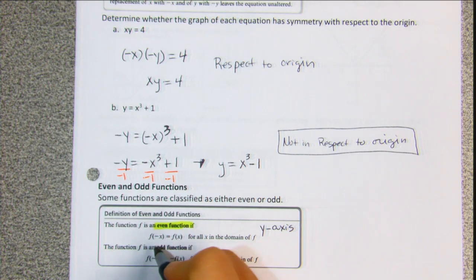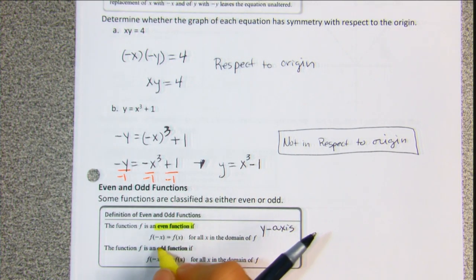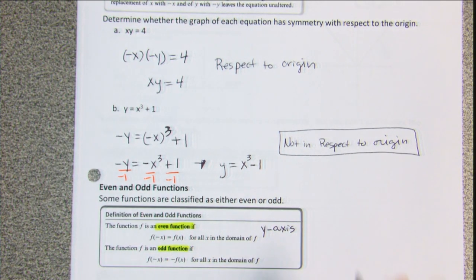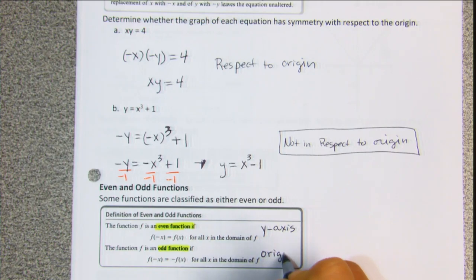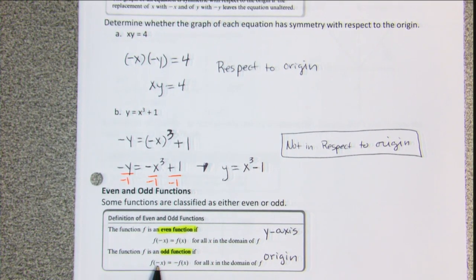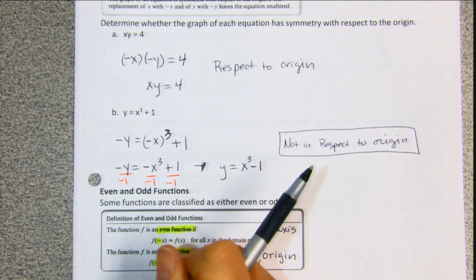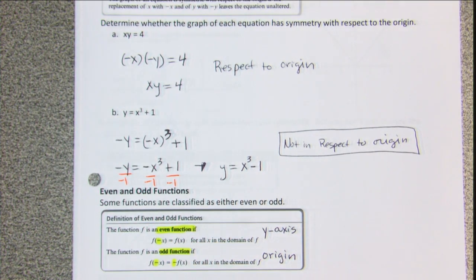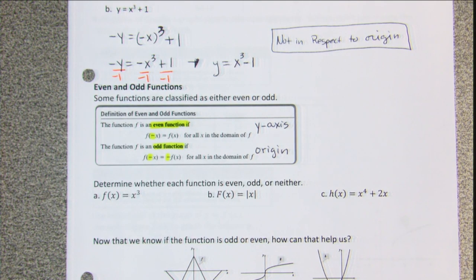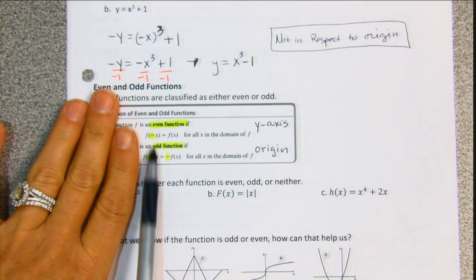An odd function is said to be in respect to the origin. What this means is if you change the x, the y changes. I feel like sometimes function notation can be confusing, so it's hard for me to explain it unless we've had a lesson on function notation. But in here, that's with the variable x.